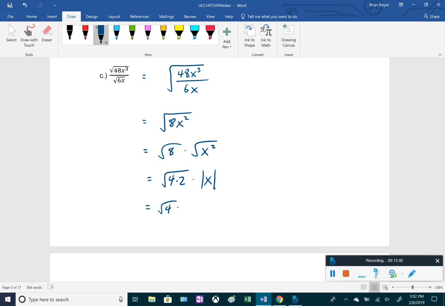This gets split up as square root of 4 times square root of 2. Square root of 4 is 2 times the absolute value of x. Get rid of the multiplication sign. You can have the multiplication sign in there, it doesn't matter. I'm just going to get rid of it. So 2 times the absolute value of x times the square root of 2.